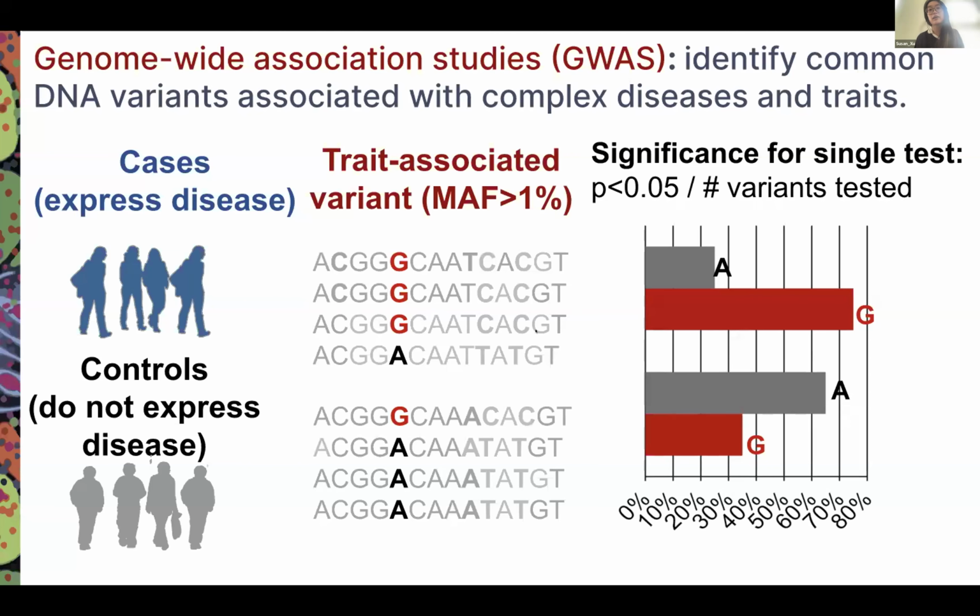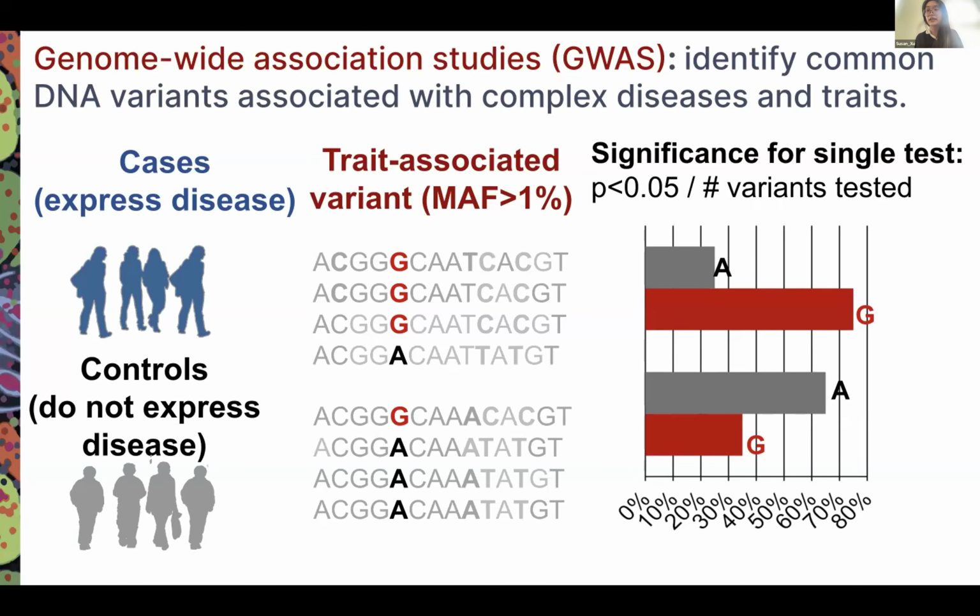So first of all, I'm going to talk about a concept called genome-wide association studies, or GWAS. It explores which single nucleotide polymorphisms are associated with specific traits or diseases.